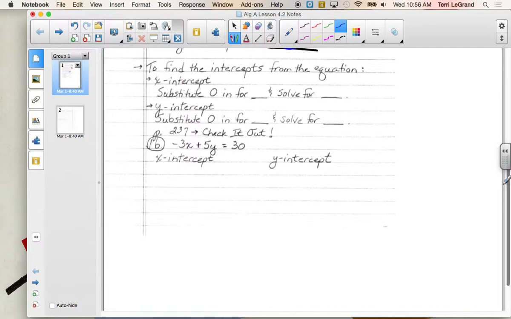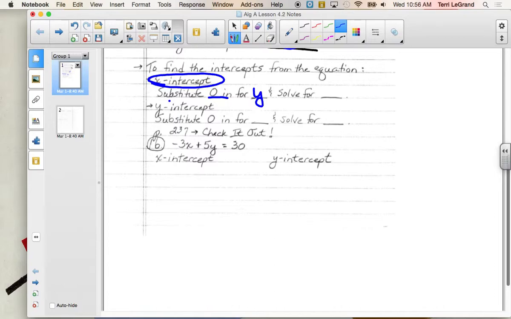So instead of making a graph, to find the x-intercept, we're going to put 0 in for what? Right. All the points on the x-axis have a y value of 0. So we're going to put 0 in for y. If you're solving for the x, 0 is going in for the other one, the y.